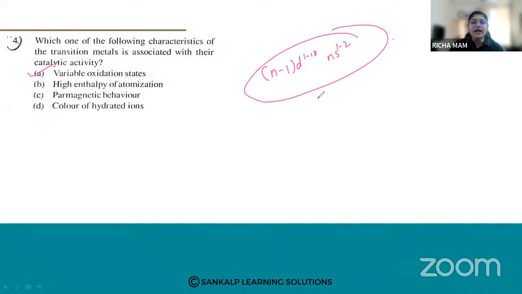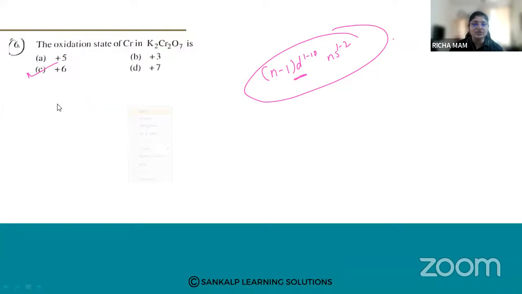These transition metals have the ability to utilize these inner orbitals, so they have the property of showing variable oxidation state. Variable means different oxidation states. They associate with different reactants in different forms. So option A is the correct answer.